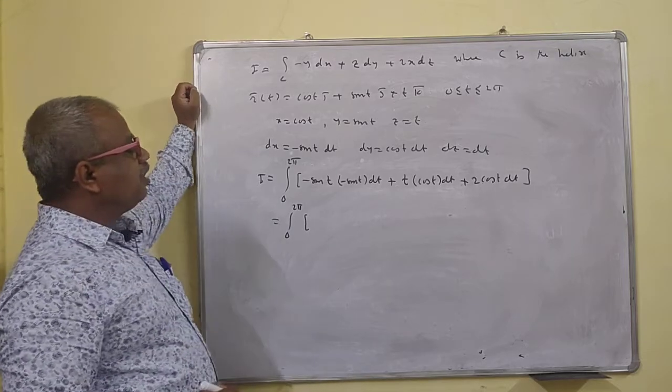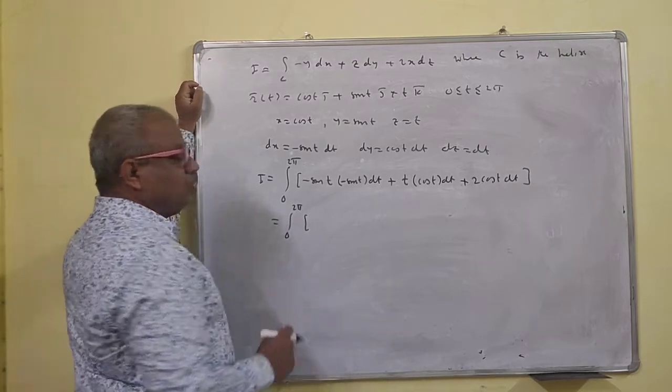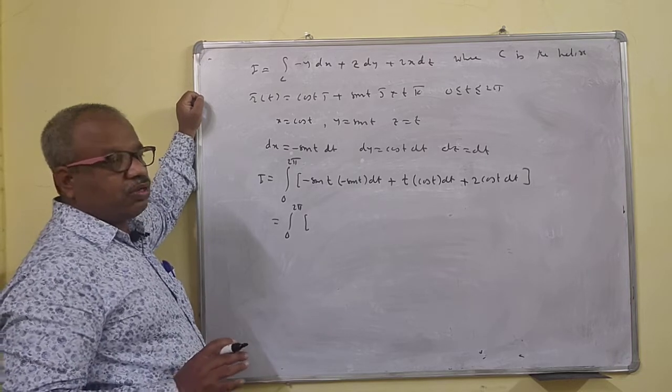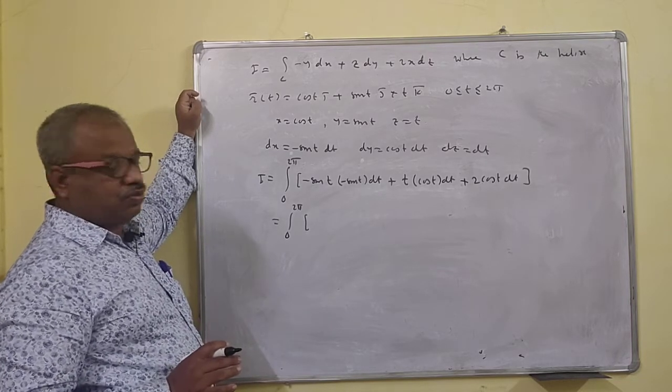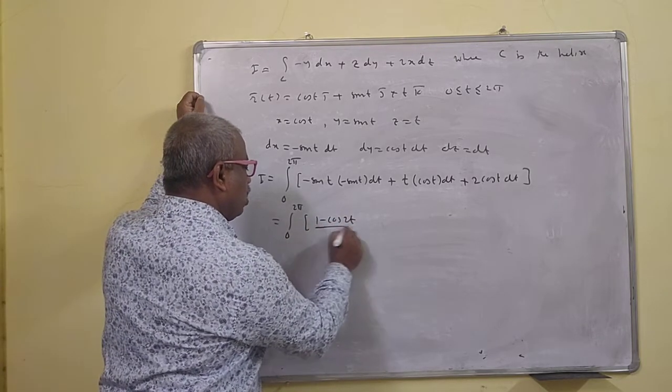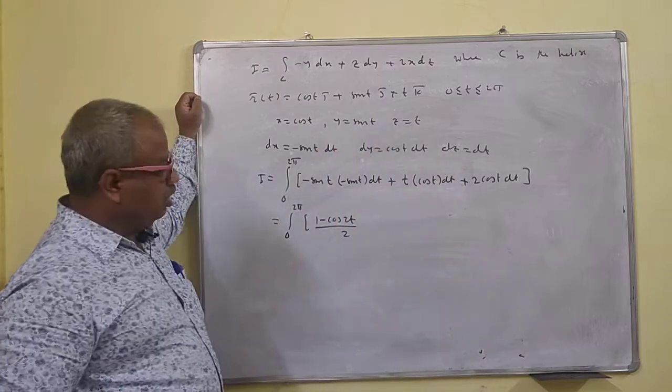Minus becomes plus sin square t. You cannot integrate sin square t directly, so you know that 2 sin square t is 1 minus cos 2t, so sin square t is 1 minus cos 2t upon 2.